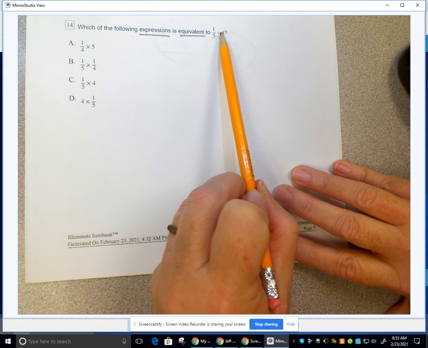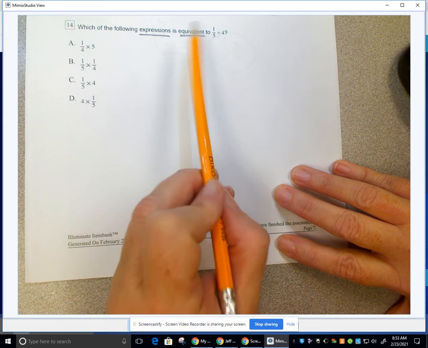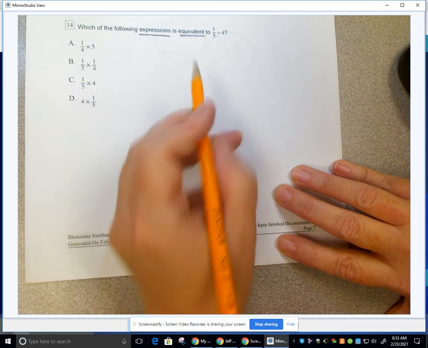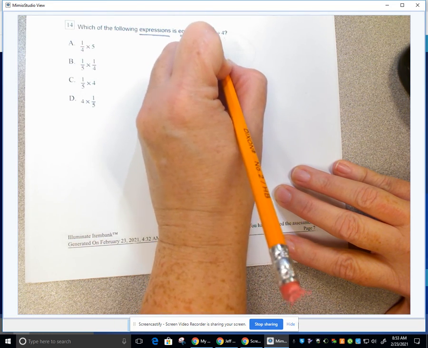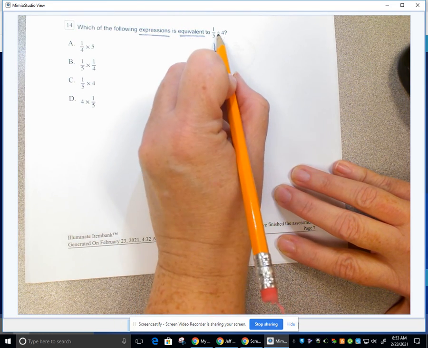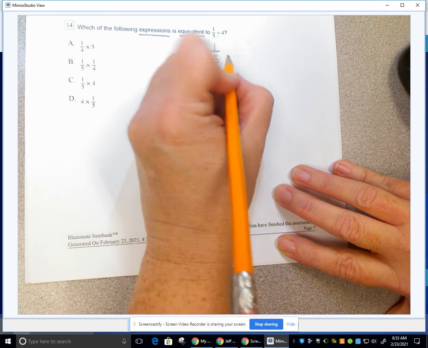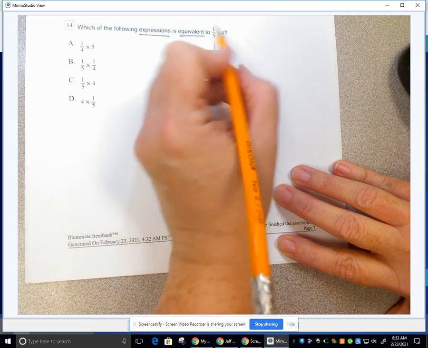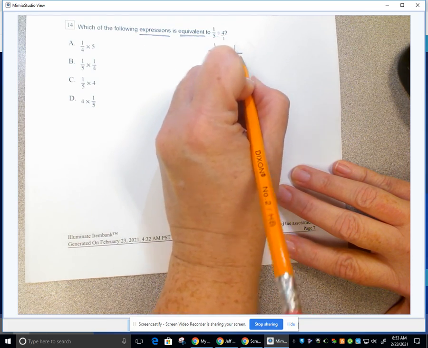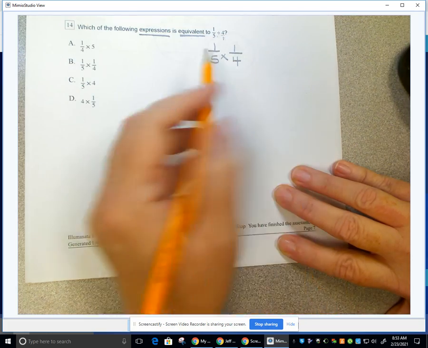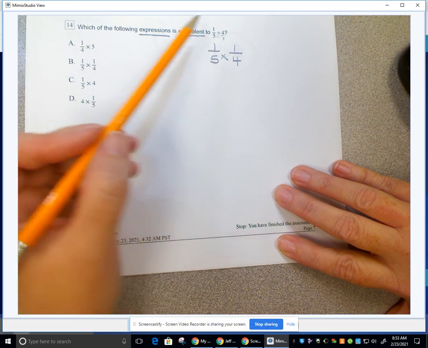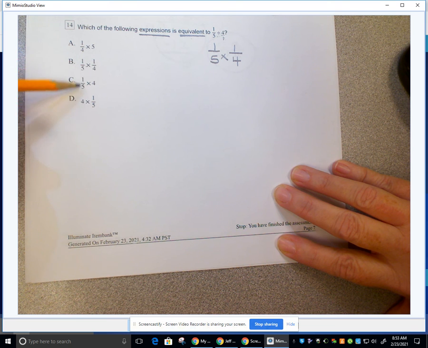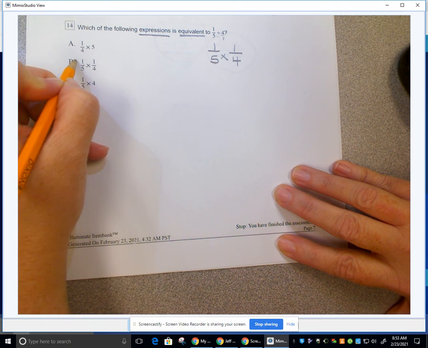When we say keep it, switch it, flip it, we are coming up with an equivalent expression to solve. So I would say keep it, switch it from dividing to multiplying, and then flip it from 4 over 1. Now it's going to be 1/4. So I'm looking for the one that's equivalent. It's going to be 1/5 times 1/4. And if you notice, that is B.